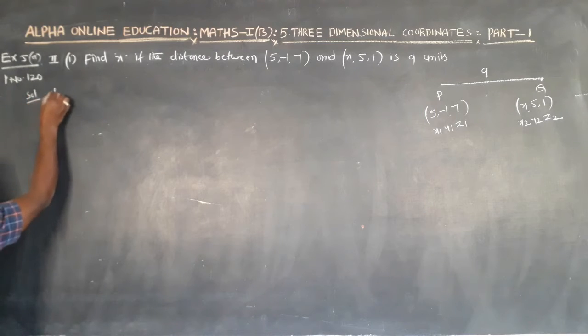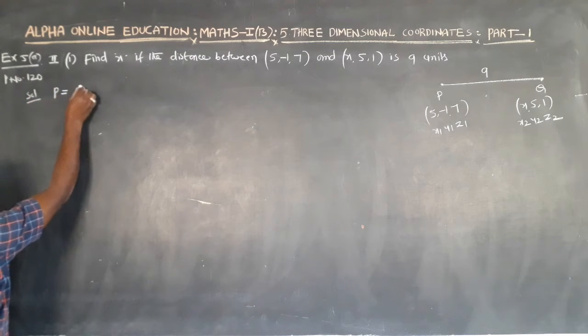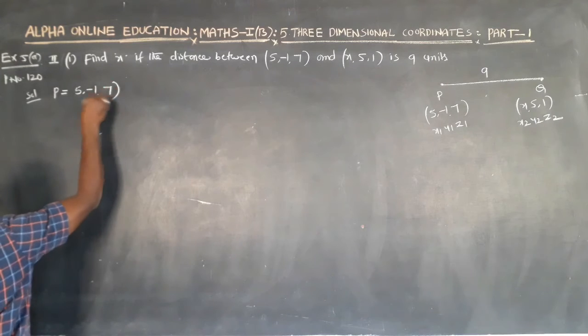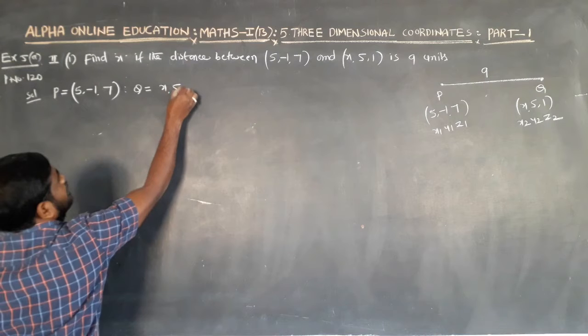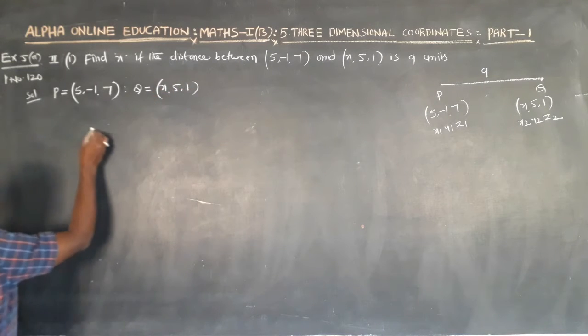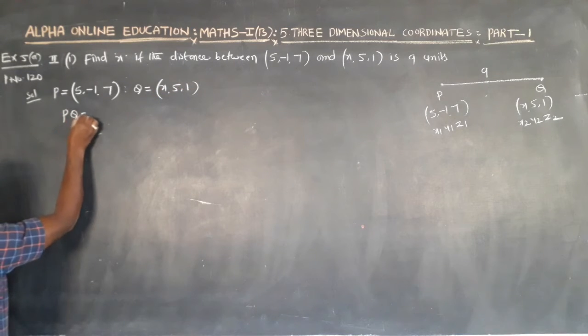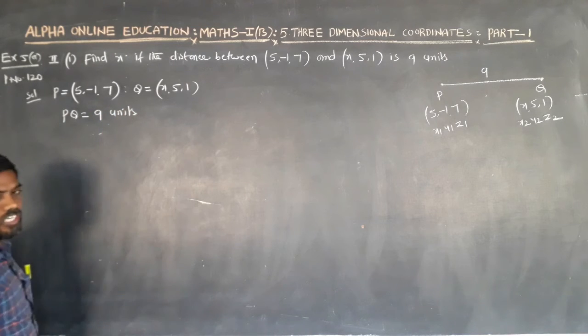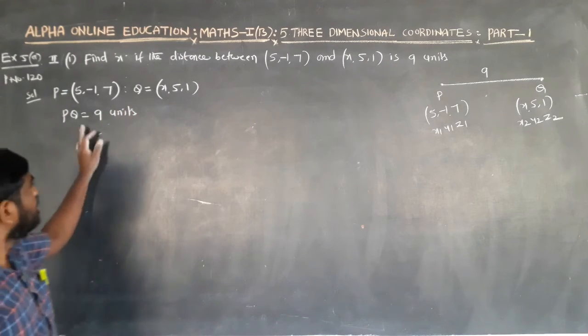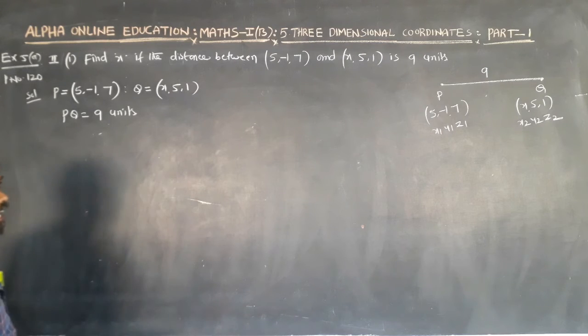Given P (5, −1, 7) and Q (x, 5, 1), the distance PQ is 9 units.